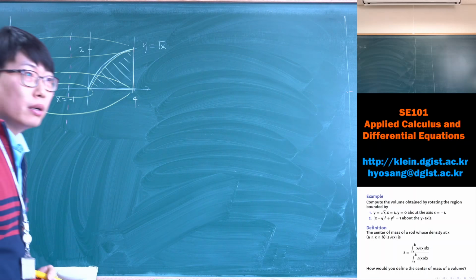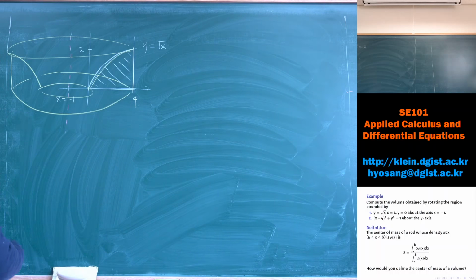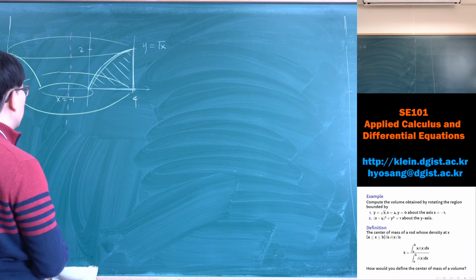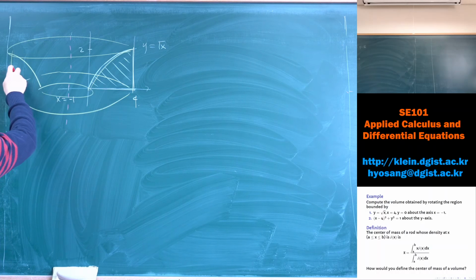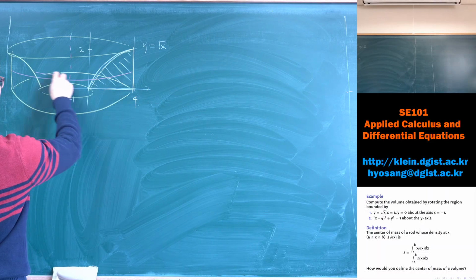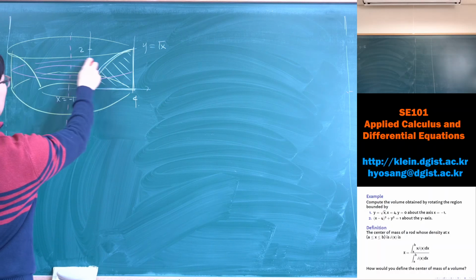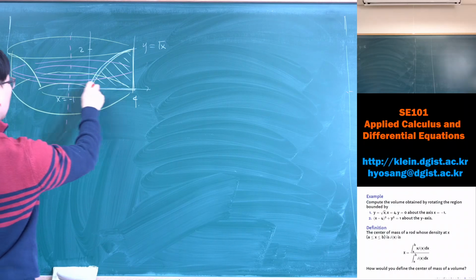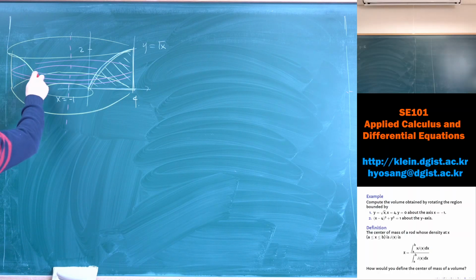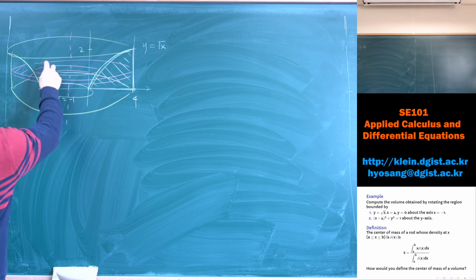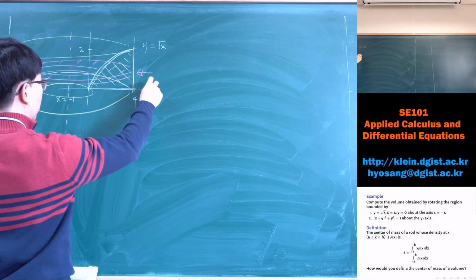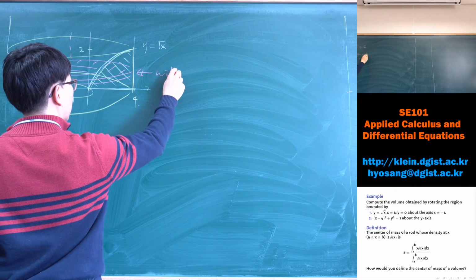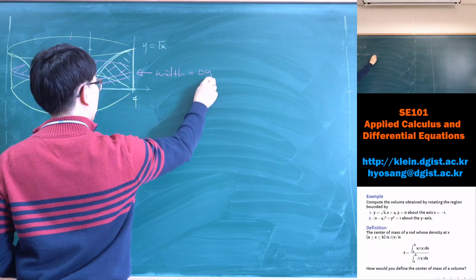So how do we take the volume? We're going to take a slice perpendicular to the y-axis, right? So each slice looks like an annulus, and this slice has width equal to delta y.